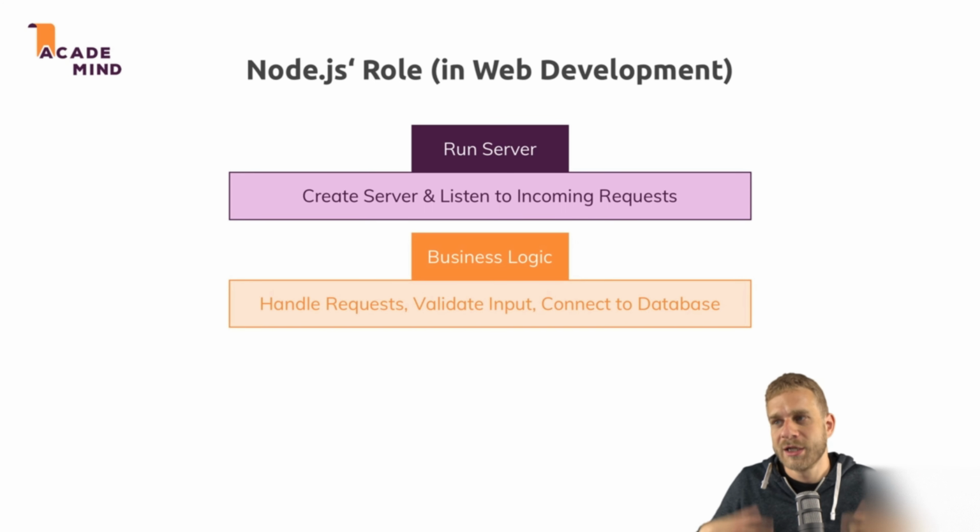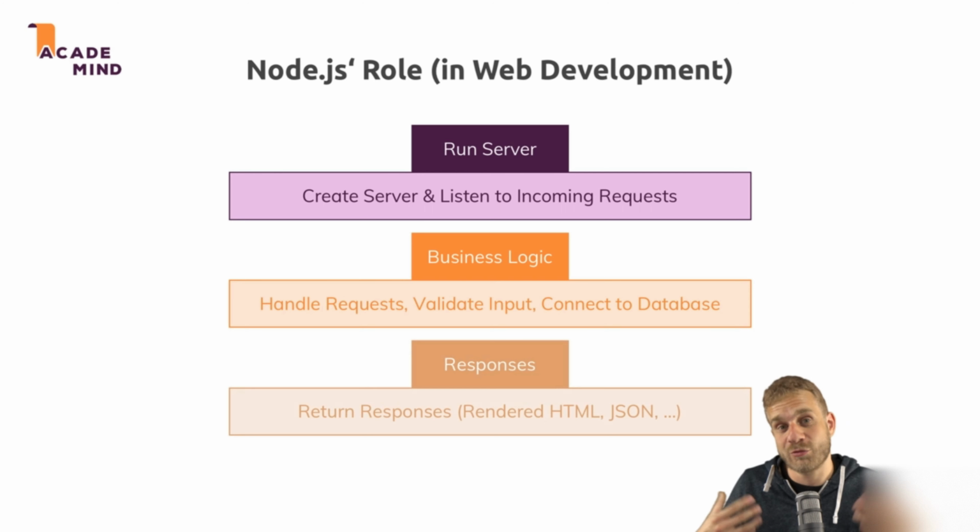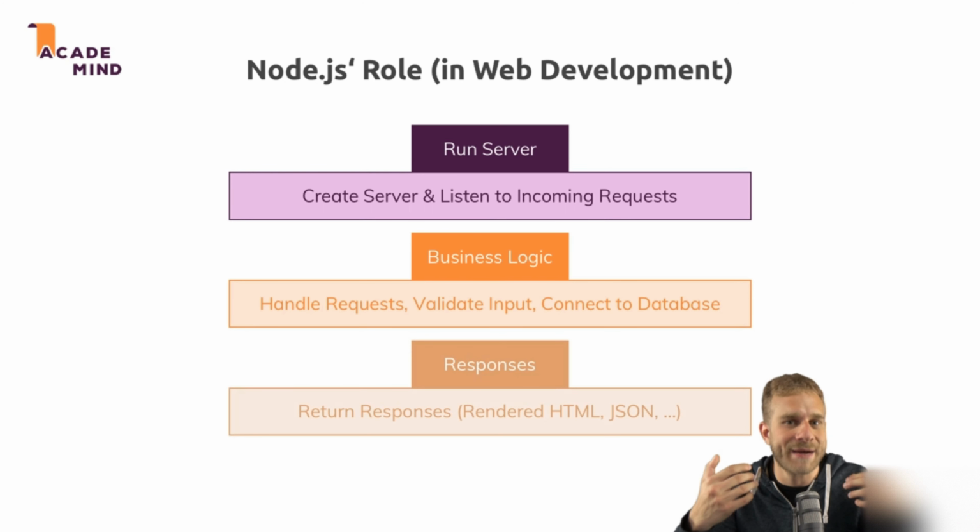We therefore also use it to run all our business logic. So not just to listen to incoming requests, but to then work with the request data, work with files, work with databases, all that fun stuff Node.js is capable of, and we'll do all that in this course, obviously. And we also handle the response side, not just incoming requests.